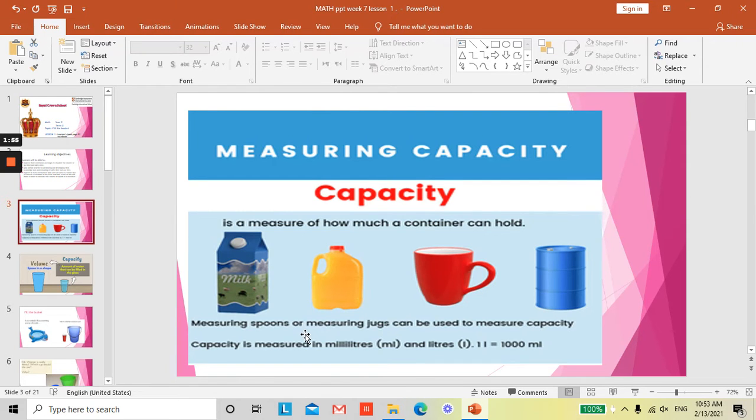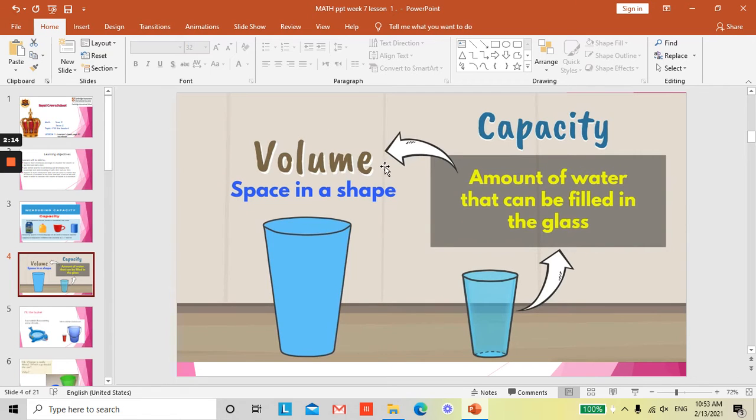Measuring spoons or measuring jars can be used to measure capacity. Capacity is measured in milliliters and liters, and 1 liter is equal to 1,000 milliliters. Remember, we say that volume is space in a shape, and capacity is the amount of water that can be filled in the glass.